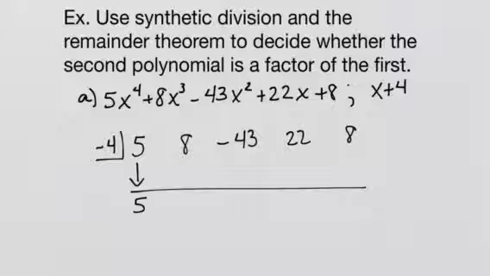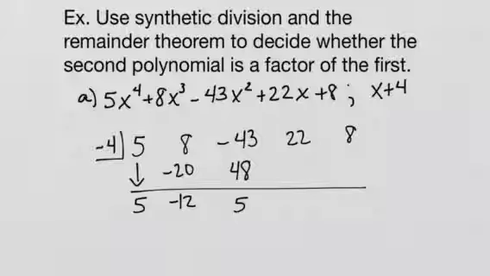Then we'll multiply to get negative 20, so 5 times negative 4 gives us negative 20. Then we will add or subtract, in this case it's subtraction since our signs are different, to get negative 12. Negative 12 times negative 4 gives us 48. Since our signs are different, we'll subtract to get 5.